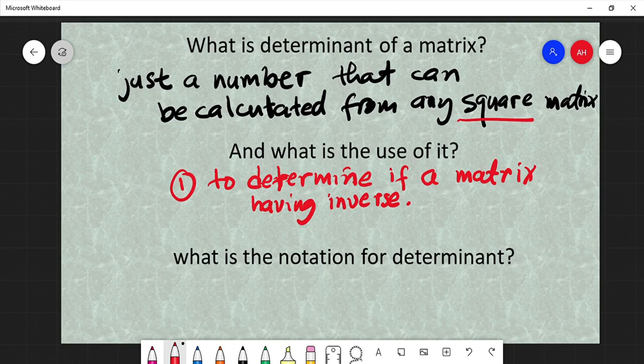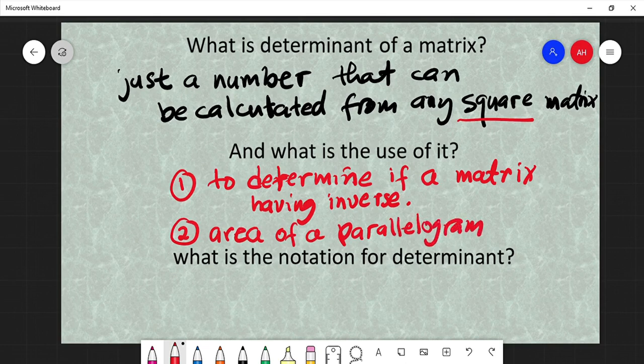Number two, we can also use the determinant to find the area of a parallelogram in 2 dimensions.